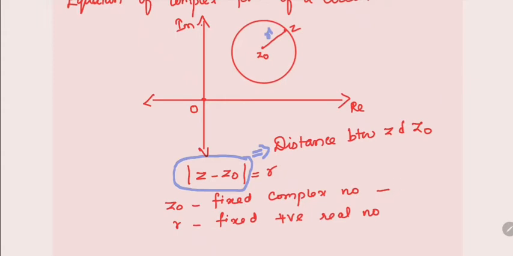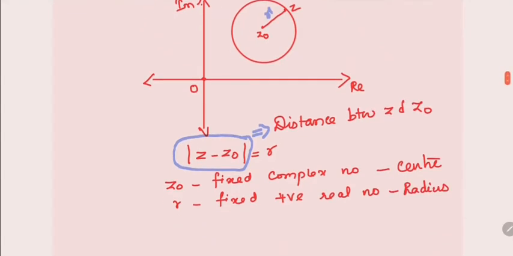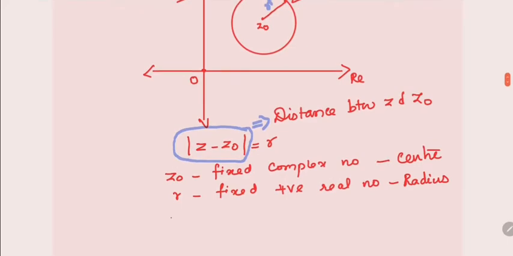So what is the equation of the complex form of a circle? That is modulus of Z minus Z0 is equal to R, where Z0 is the center and R is the radius.